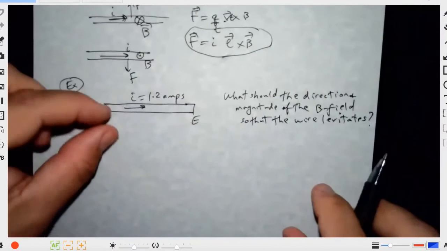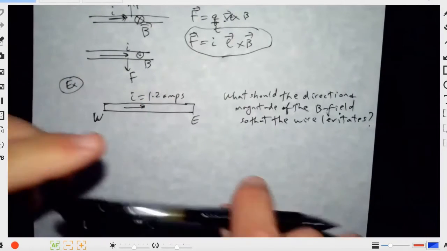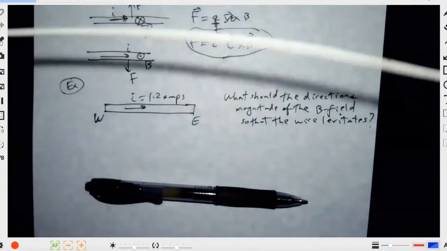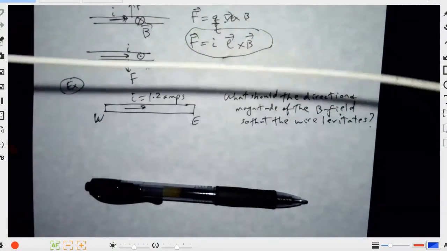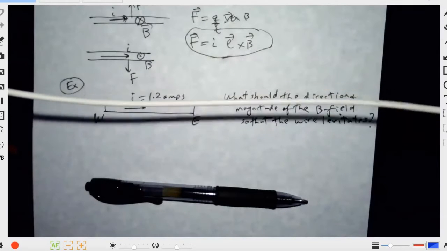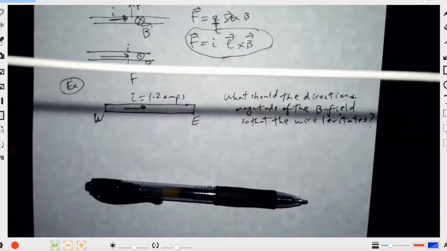So let's say we don't want this wire sagging due to its weight. If you have a wire like this, see how it sags like that. We want it to be straight like this.